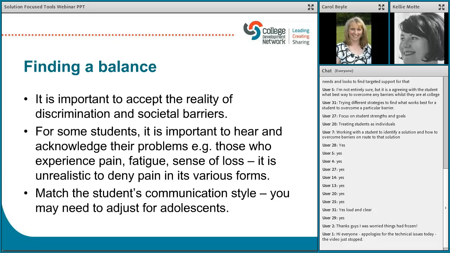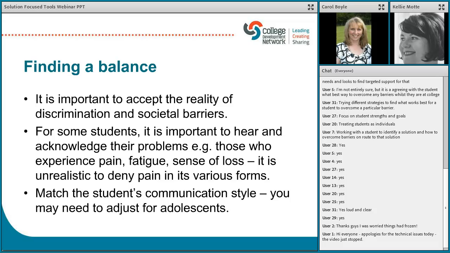They might feel grief and an ongoing sense of loss, and that has to be respected and acknowledged. This isn't about glossing over things and saying, well, it doesn't matter, we can carry on. We have to have a very real understanding of that person's experience. And we also have to accept that people do experience discrimination and societal barriers. We can do as much as we can in an educational environment to address those, but there are challenges people are experiencing within the wider world.